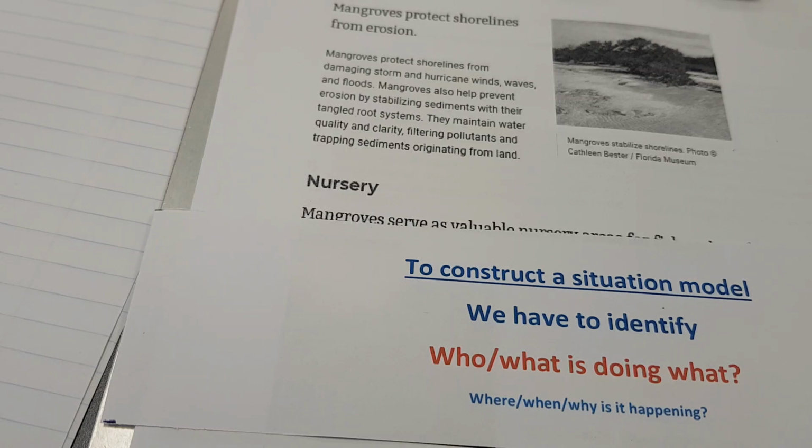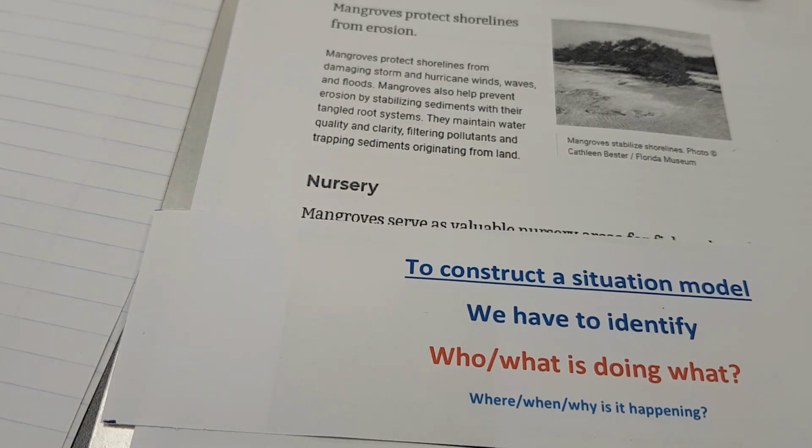So you have to ask who or what is doing what. And the predicate part of the sentence, if you will, would give us further or additional information, such as when, where, or why that action is happening.